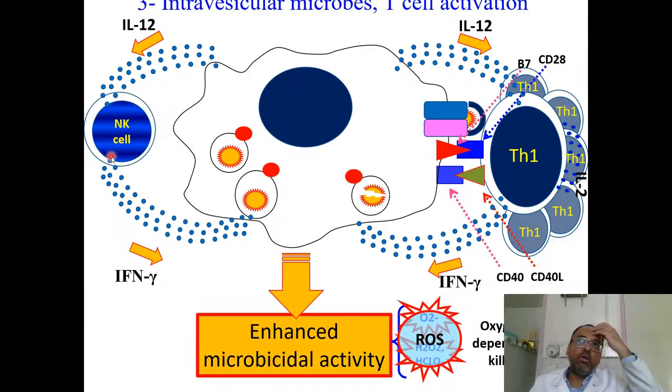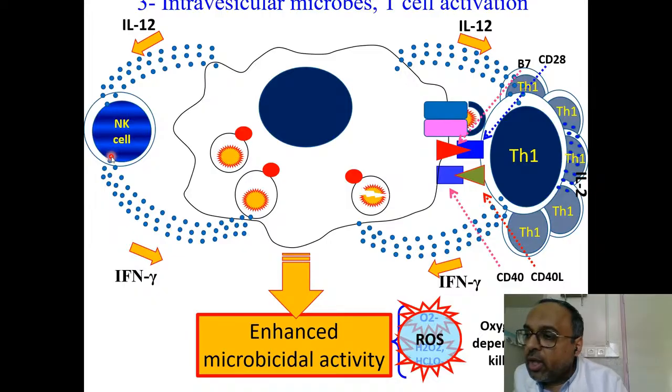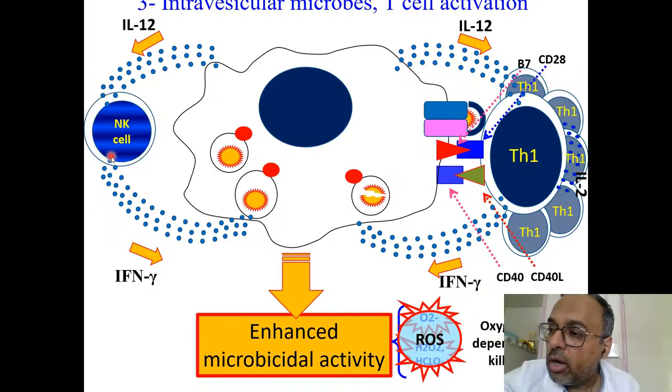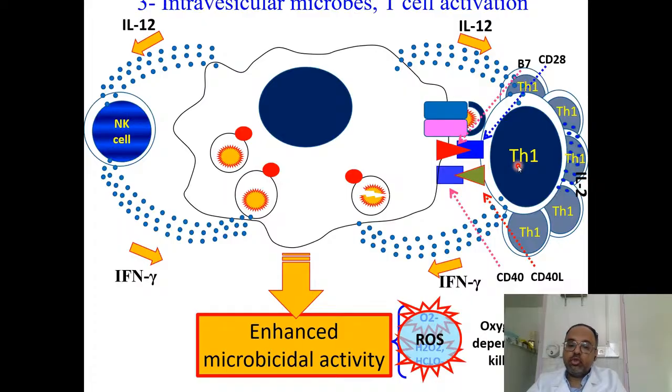So in a matter of hours or maybe one day, NK cells are there producing interferon gamma. But the help that they provide is not very efficient. It arrives fast, but it's not very efficient. The help from T cells arrives later, but it's very efficient. So the NK cells are fast, but the help is not very strong. T cells arrive later, but the help is much stronger.